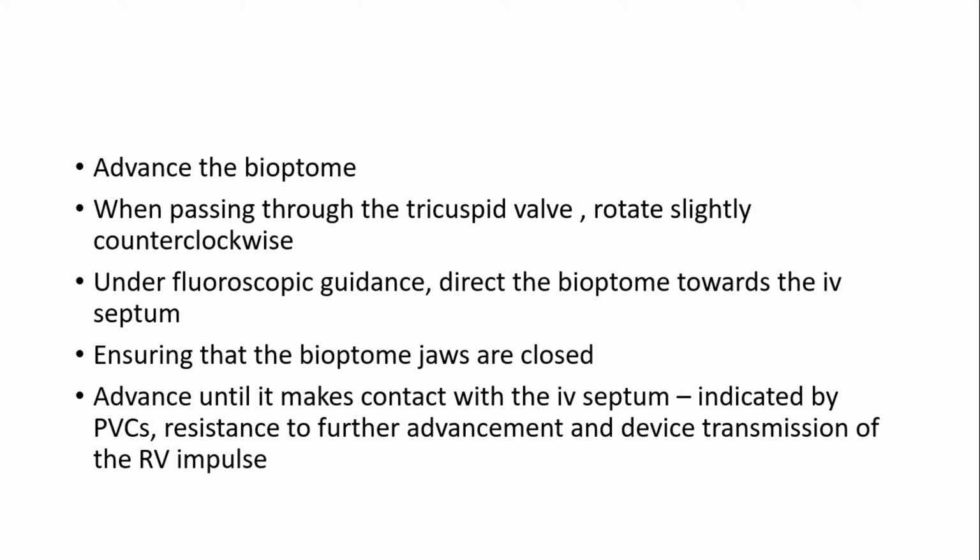And when the bioptome is advanced into the right ventricle, it should usually be done under fluoroscopic or echocardiographic guidance. It should be advanced towards the interventricular septum. While it's being advanced, it should be ensured that the bioptome jaws are closed. This is so as to prevent perforation of the ventricle in the process of advancing it.